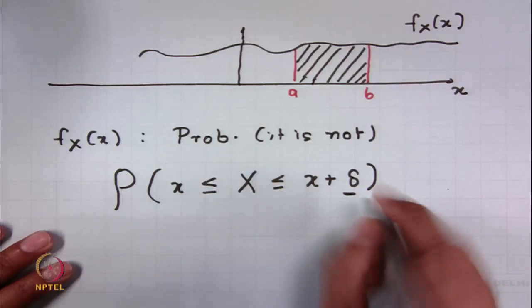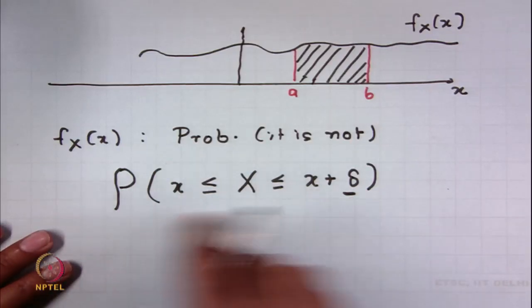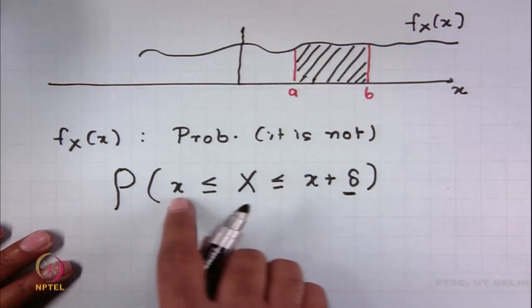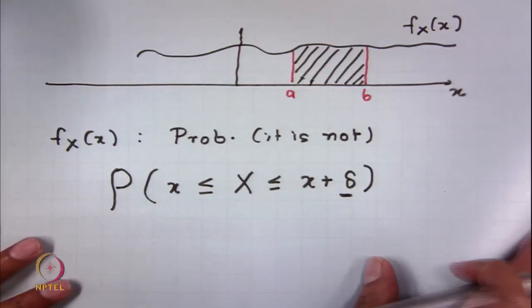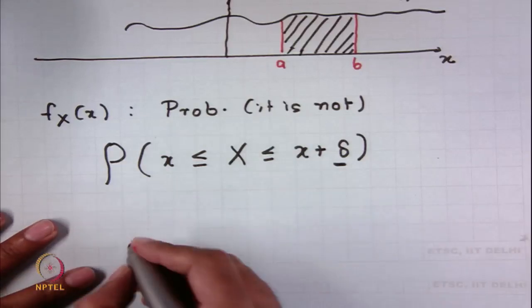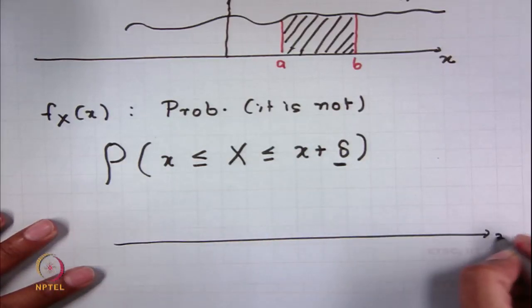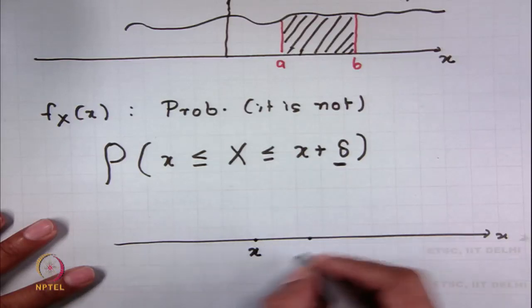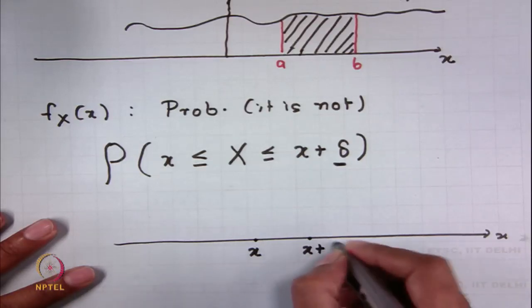This is a very small quantity, and now I am interested in finding the probability that the random variable lies between x and x plus delta. So, what I mean is, let us say my x point is here, and let us take a small interval delta.